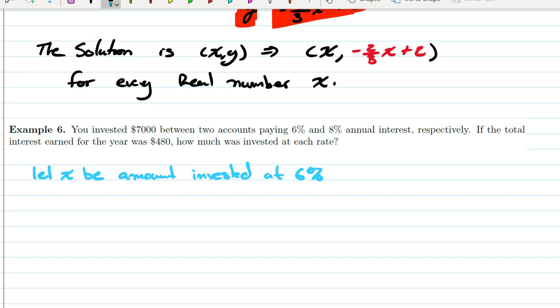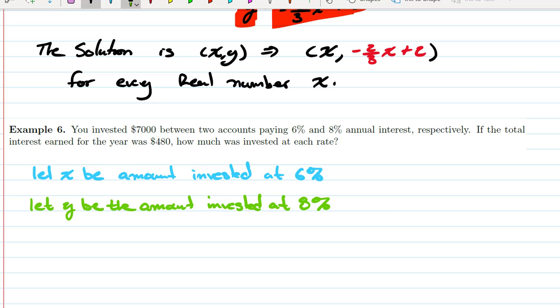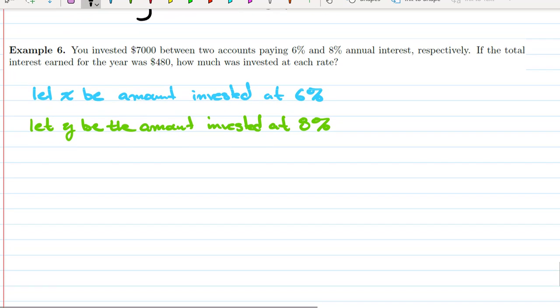at 6%, and we're going to let y be the amount invested at 8%. Our model for simple interest is going to be I equals P times R times T. So then we know a couple of things.